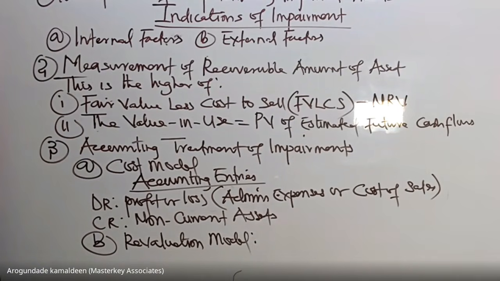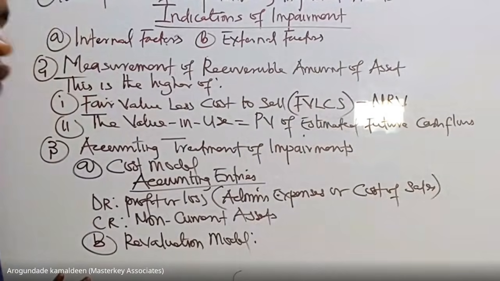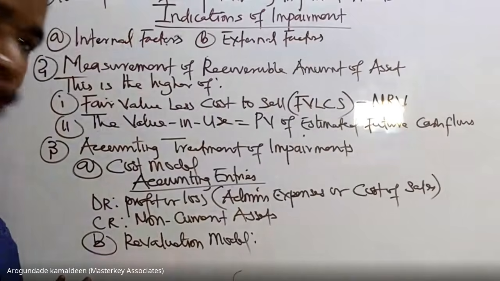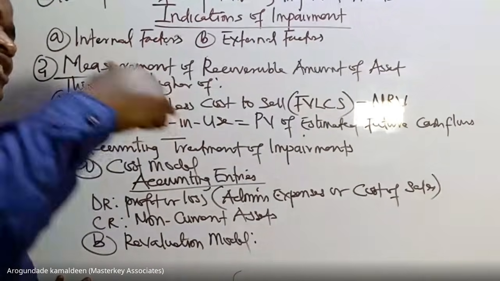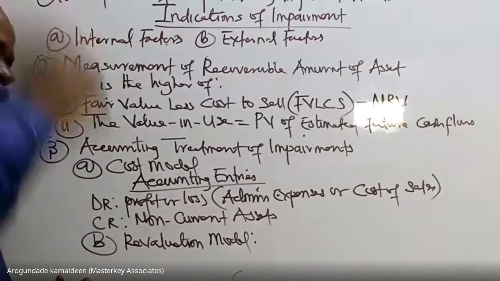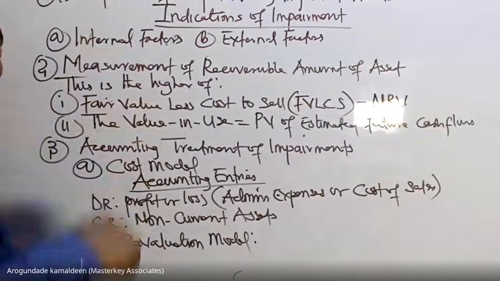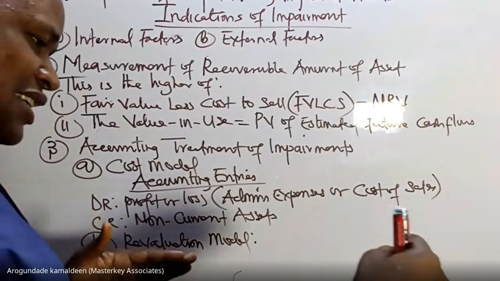Therefore, if there is an impairment, the impairment is not taken to the profit or loss directly. No, it is going to be used to reduce the existing revaluation surplus of that asset to the extent it can cover.